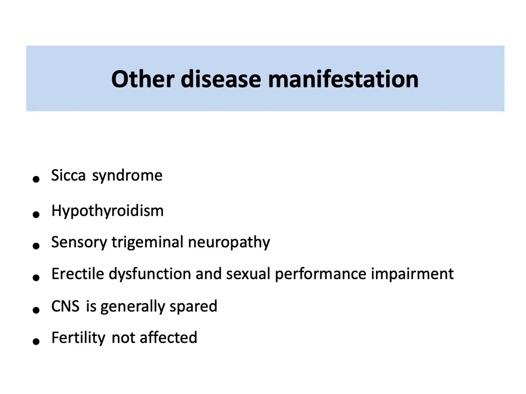For the other disease manifestations, patients may experience Sicca syndrome, hypothyroidism, and sensory trigeminal neuropathy. Patients may also have erectile dysfunction and sexual performance impairment, especially in females, while the CNS is generally spared and fertility is not affected.